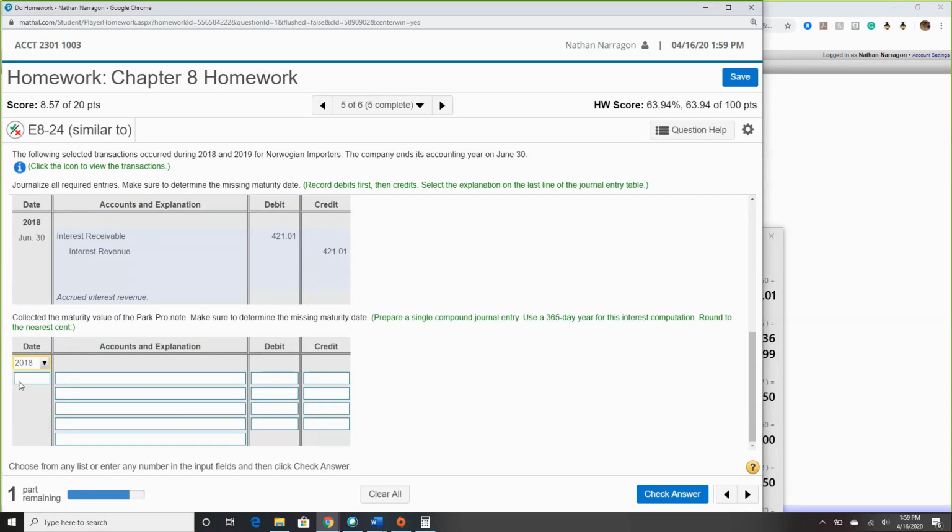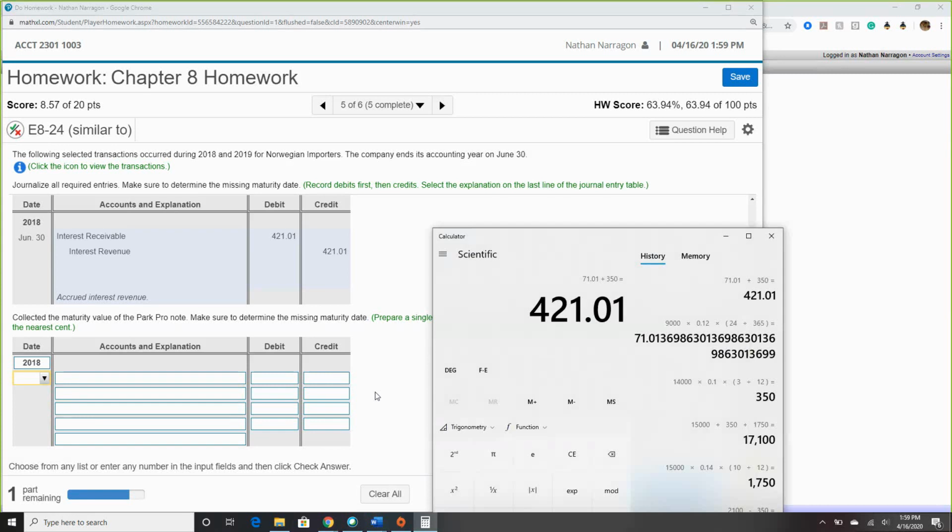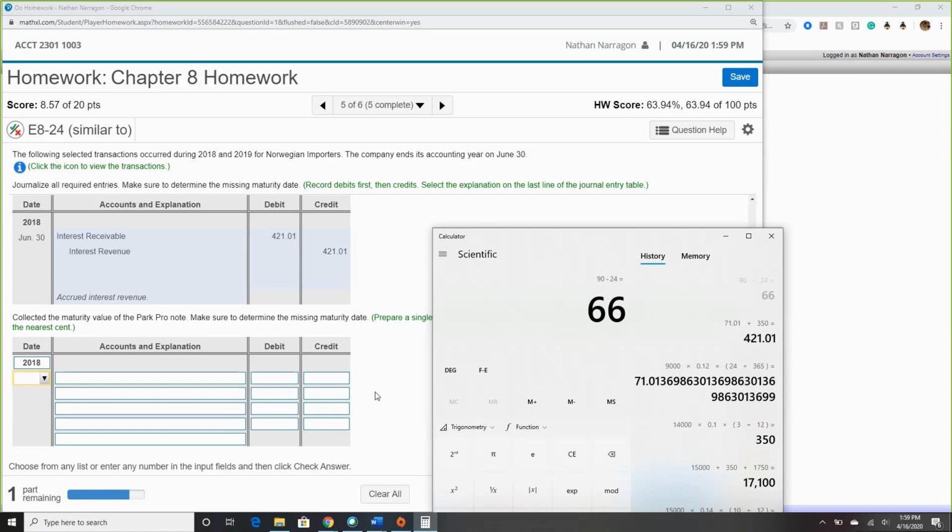The problem is that they want you to figure out when it matures. We already know that it's going to take 24 days to get to June 30th. So that's how many days we still have after June 30th.